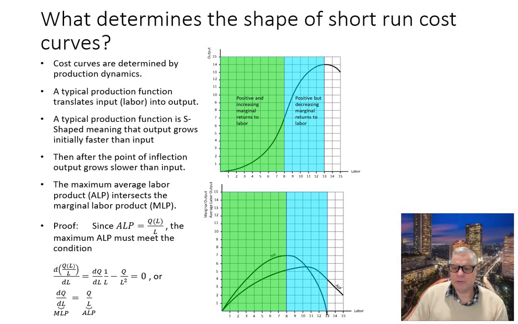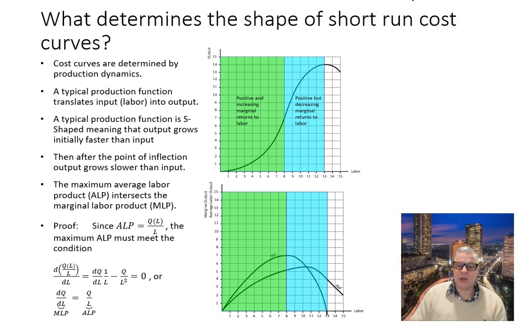So we convert input into output. That is production. But a production function is subject to certain dynamics which have to do with specialization gains, something that already Adam Smith identified, which means that if I have, for example, think of the input as labor.